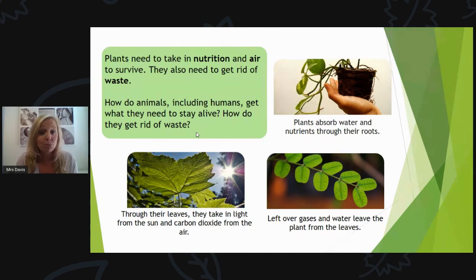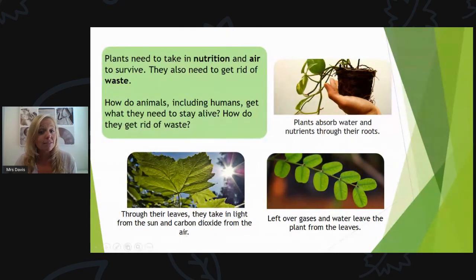Plants do this too. Plants absorb, so take in, water and nutrients through their roots. Through their leaves, they take in light from the sun and carbon dioxide from the air. Leftover gases and water leave the plants from the leaves. We learned a bit about that yesterday, didn't we?